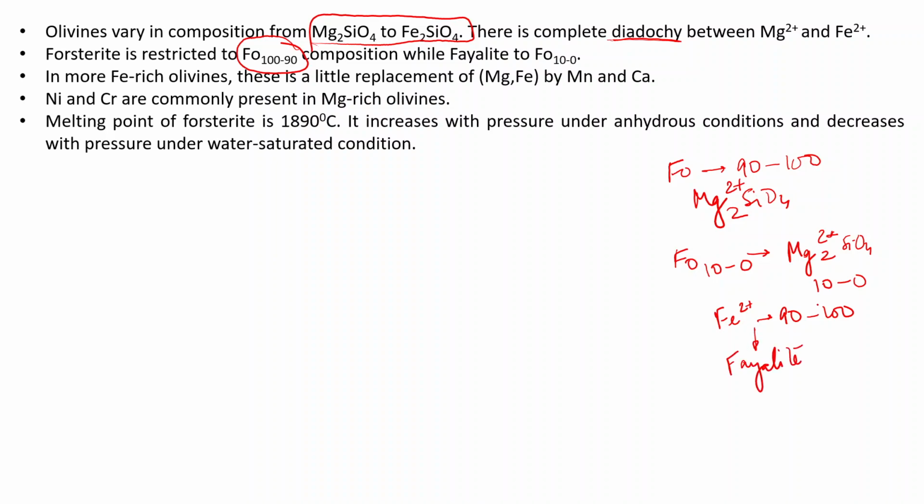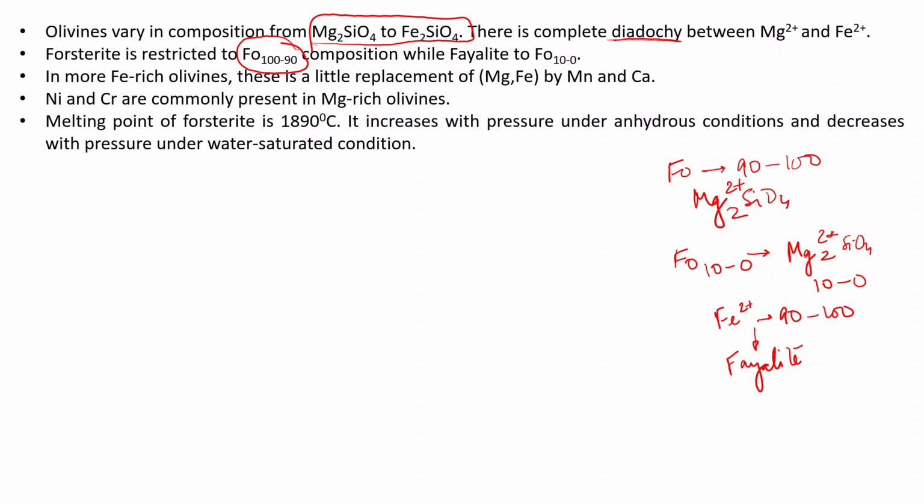So what is the definition of forsterite and fayalite? Olivine will be named forsterite when it has the forsterite content, Mg2+ content, 90 to 100%, and it will be called fayalite only when it has Fe2+ content 90 to 100.